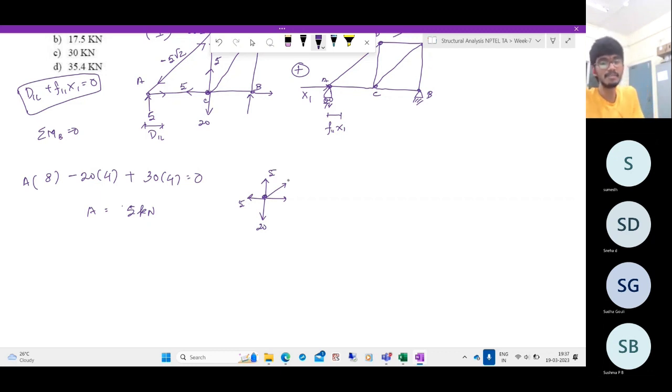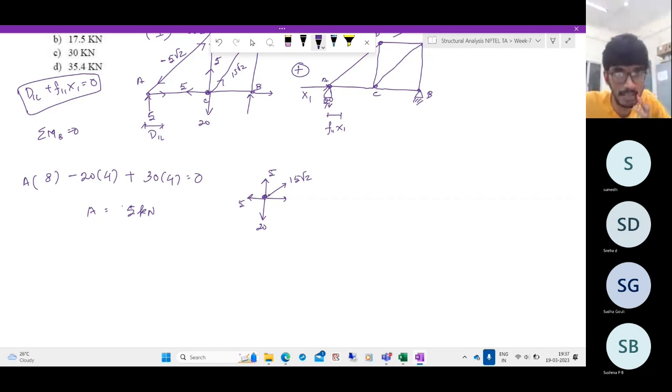If you determine the vertical, it is easier. The total vertical force is 15 downwards, which means this should be subjected to 15 root 2 along the line. So this is subjected to a tension of 15 root 2.